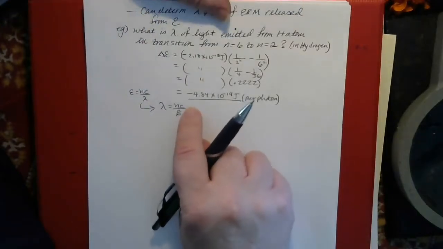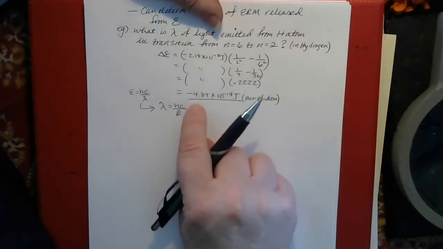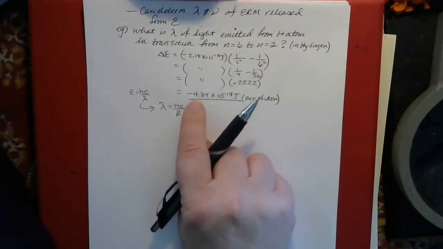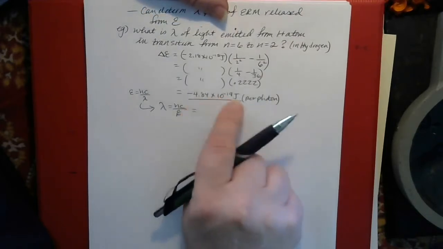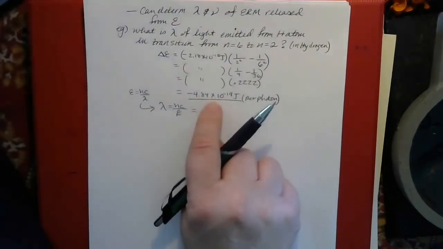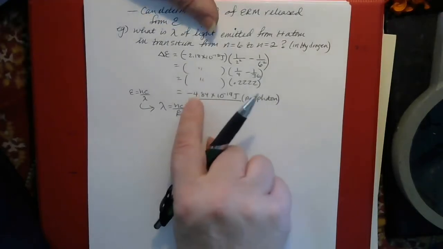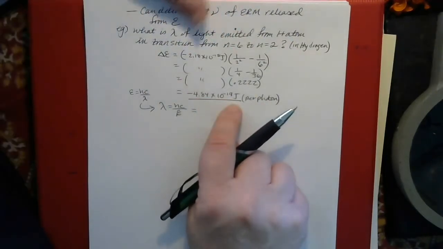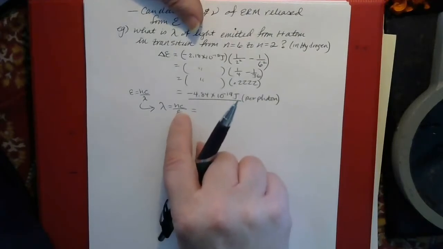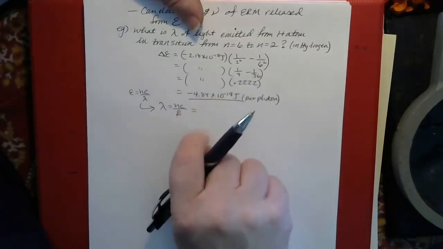Due to conservation of energy, though, we know that the energy of the photon released from the atom must be the same as the amount by which the atom's energy decreased, only the energy of the photon is positive. So the energy was lost by the atom, but it was gained by the photon. And so this energy here is going to be the same number, but it's going to be positive.